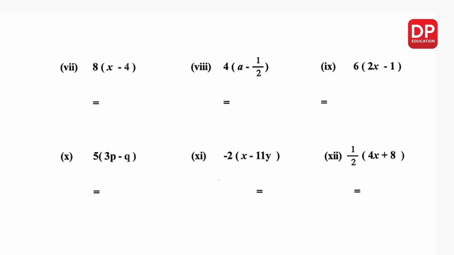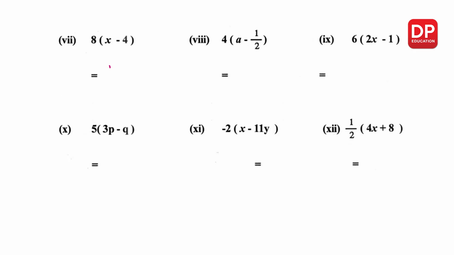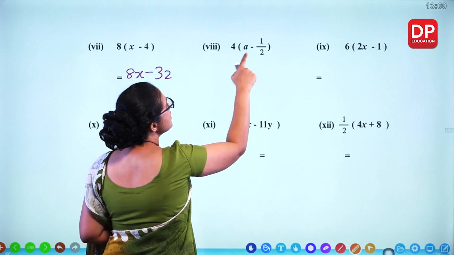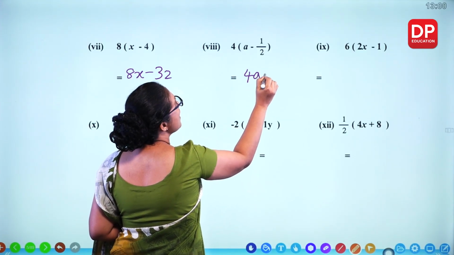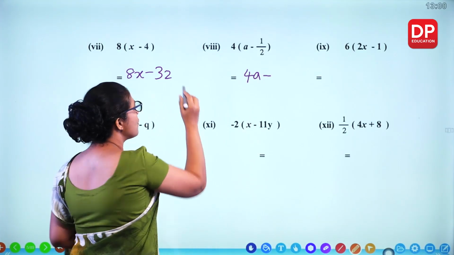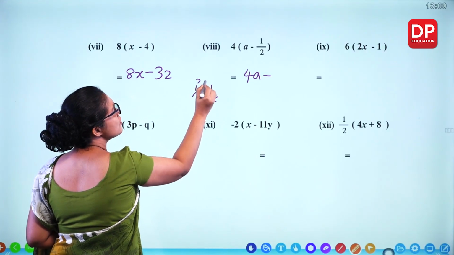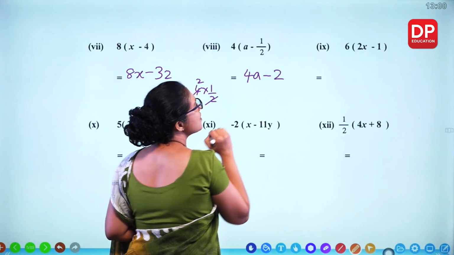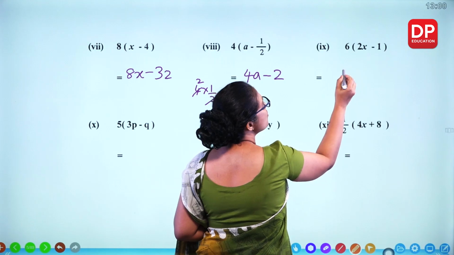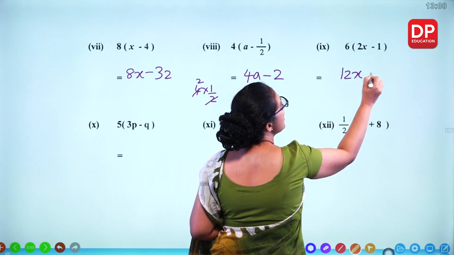Take these questions. 8 times x, 8x. 8 times minus 4, minus 32. Here, 4 times a, 4a. Minus 4 times half. What is 4 times half? That means 2, so minus 2. 6 times 2x, 12x, minus 6.